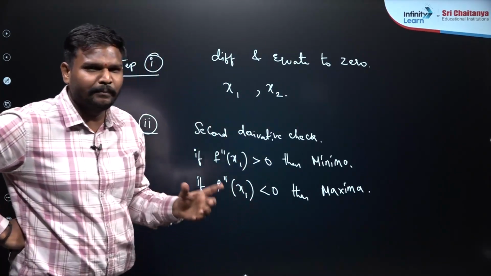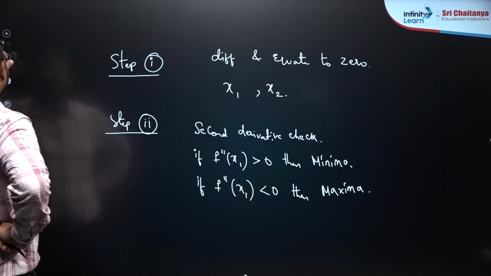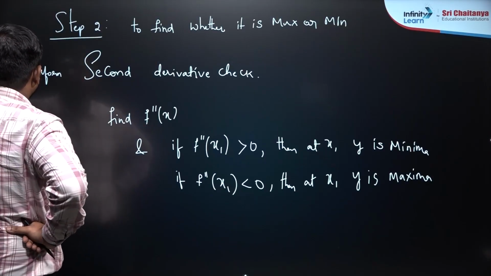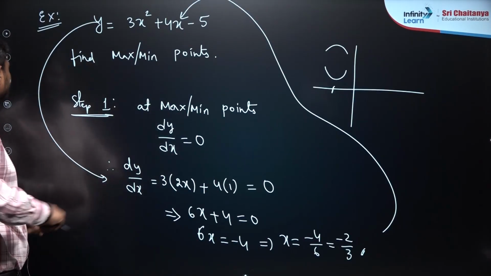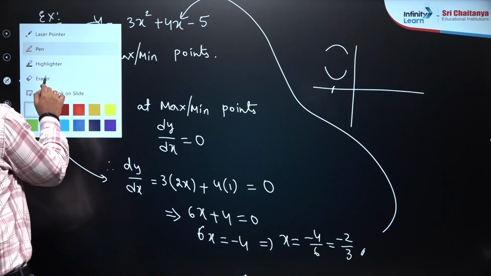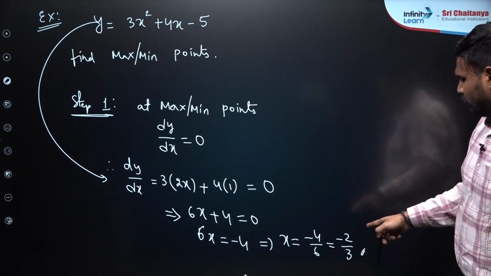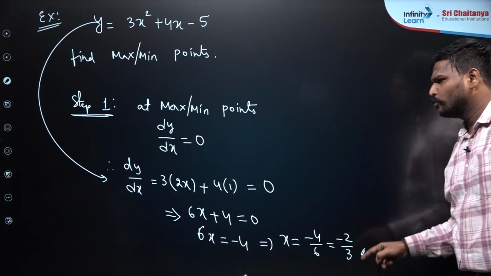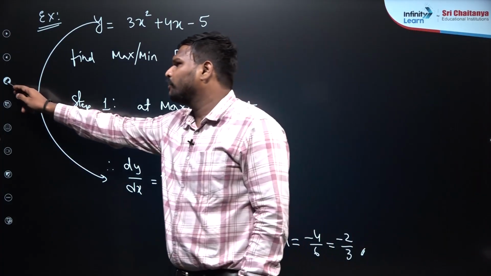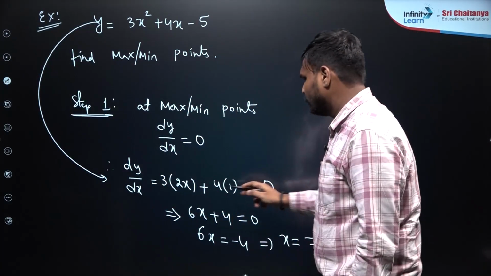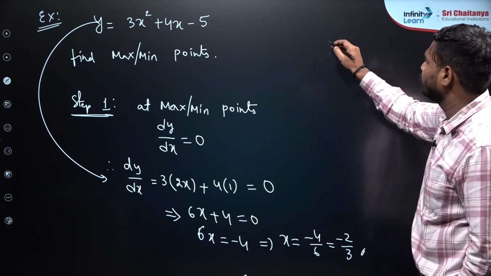Now if we do an example, you will understand it better. Let us go back to the previous example. What was the first derivative here? We got root as minus 2 by 3. And what is the first derivative? 6x plus 4.